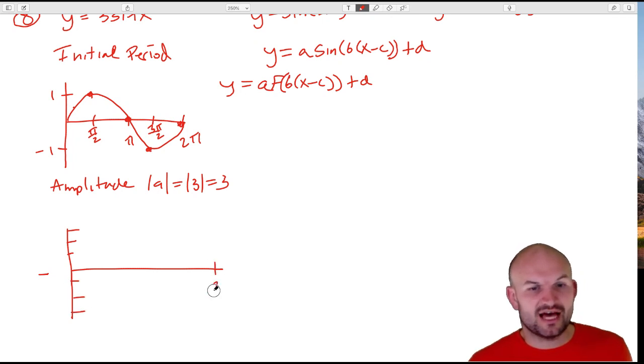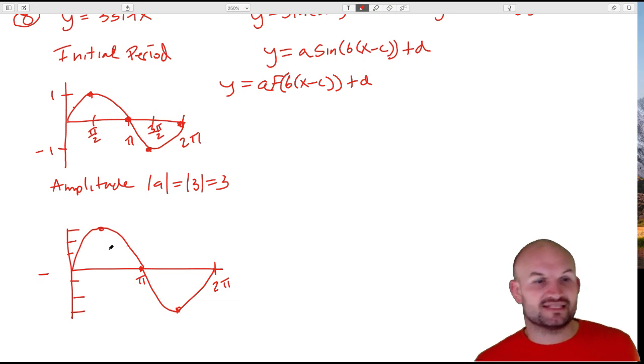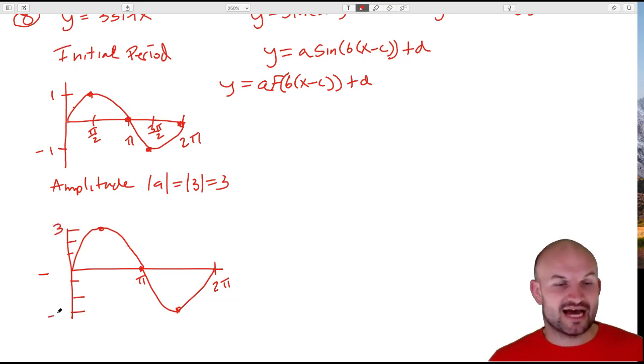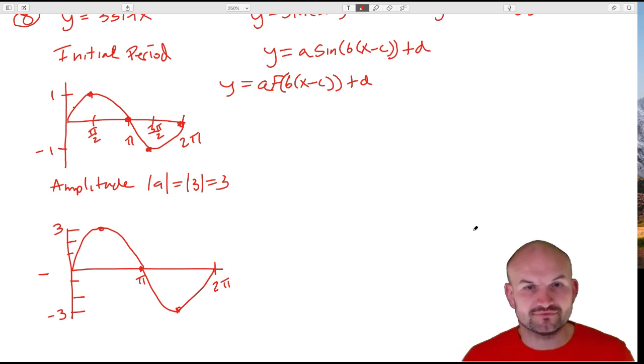So everything else is going to remain the same. I'm not going to go through sketching everything again because everything is exactly the same. The only difference is now the graph goes as high as 3 and down to -3. And again, that can change based on the shifting left and right.